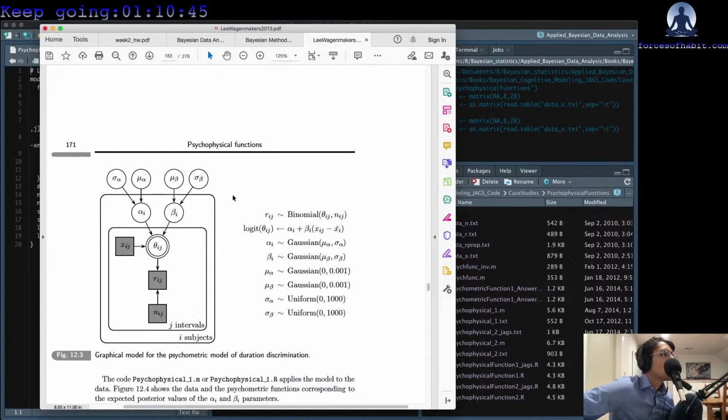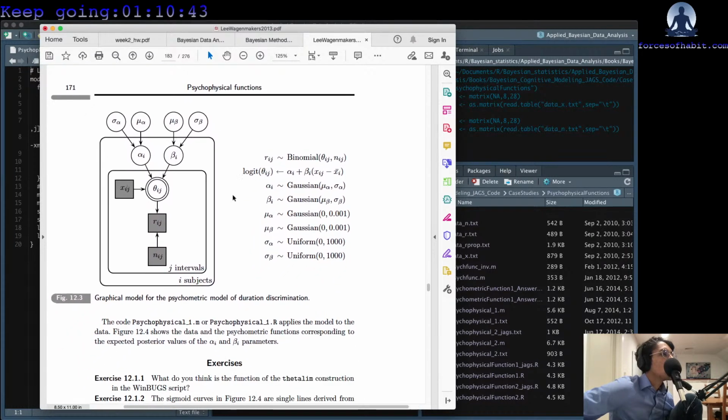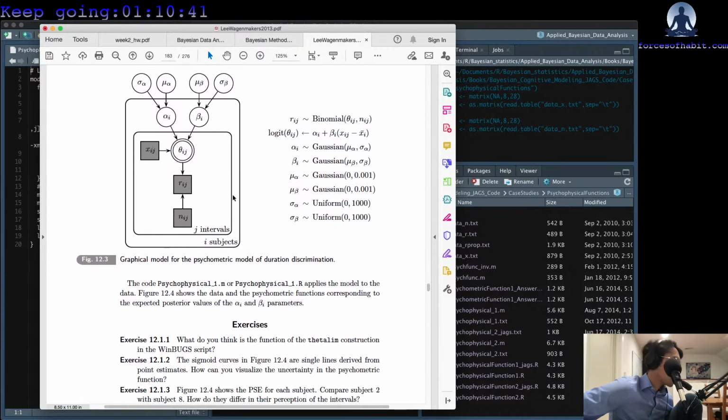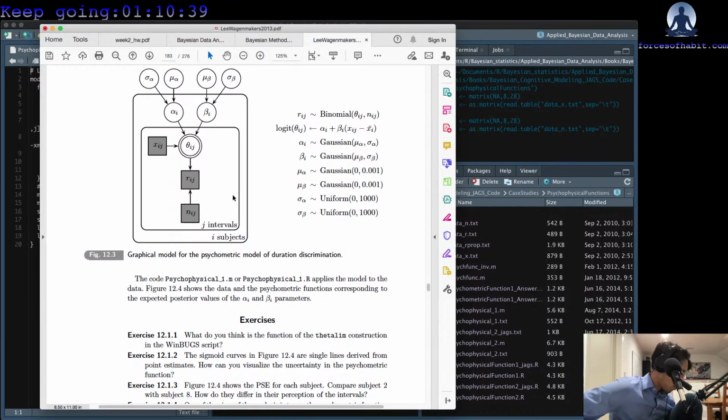Like length till response. Like RT or something. But that wouldn't be continuous. Wouldn't that be continuous? I mean, well, I guess not. If we just, for each subject's trial, we have some time it took them to respond.